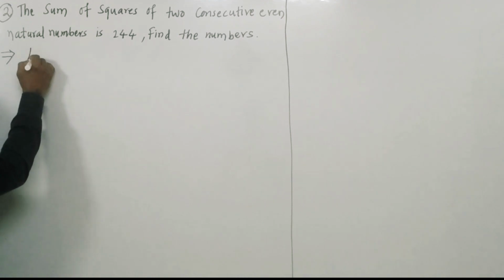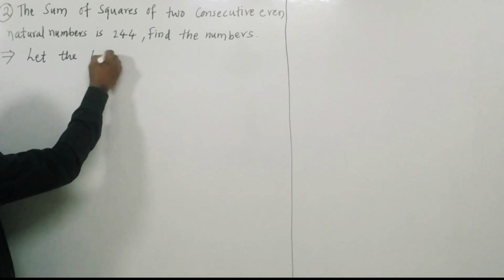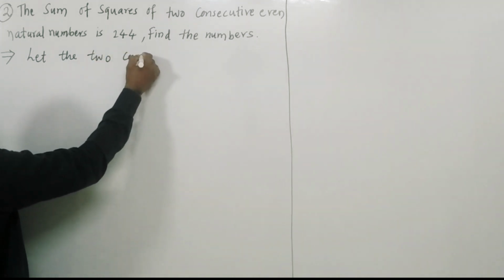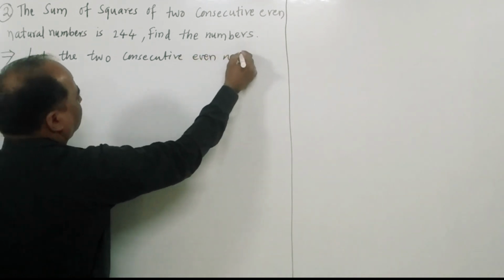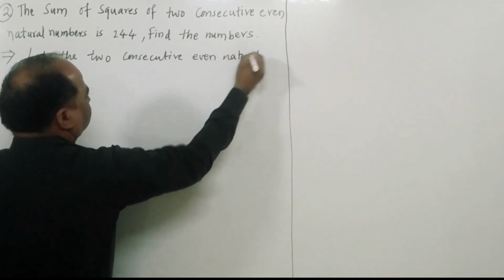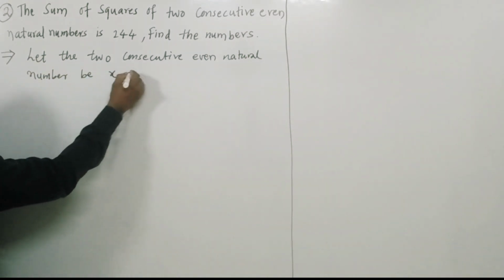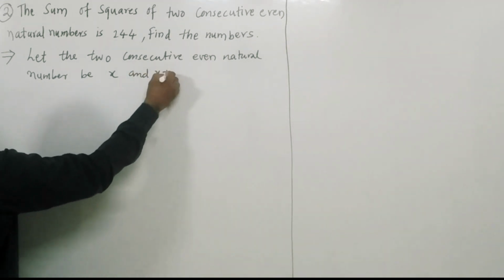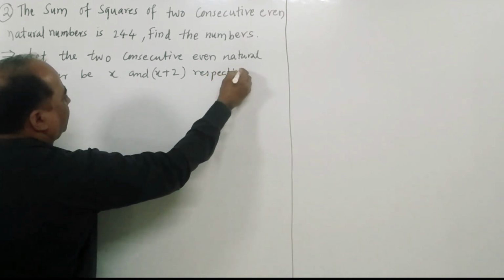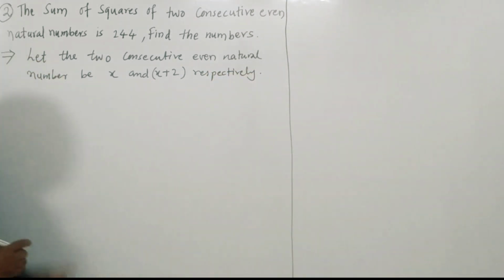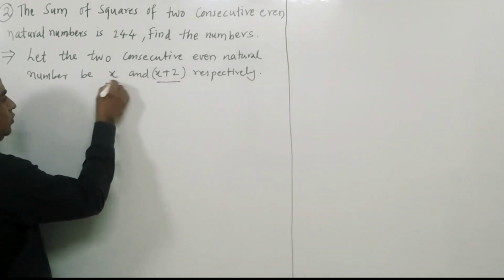So let the two consecutive even natural numbers be x and x plus 2 respectively. The first even natural number is x, the difference between even numbers is 2, so the second is x plus 2 respectively.